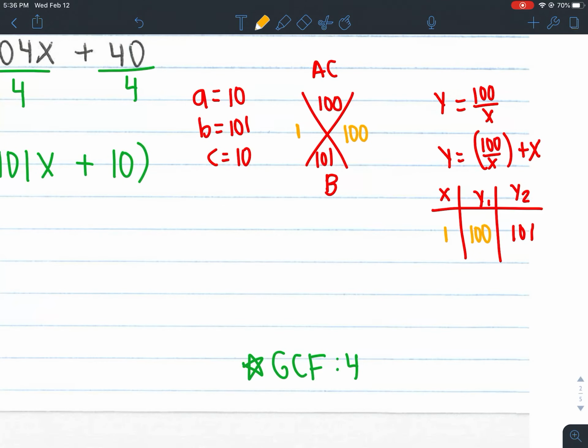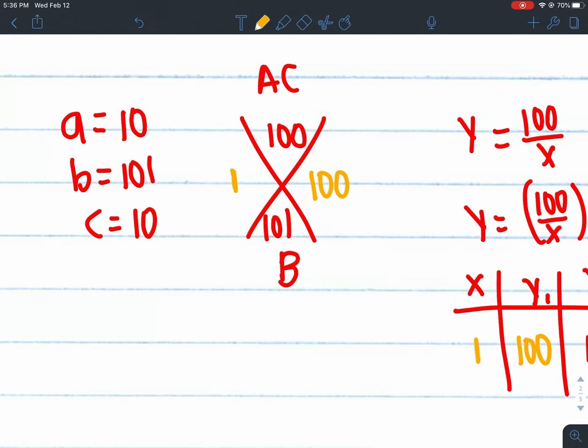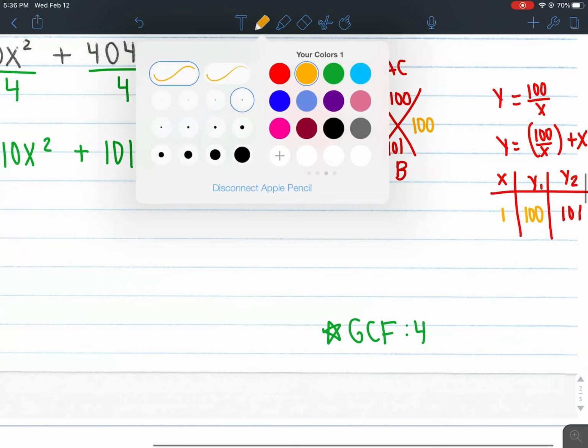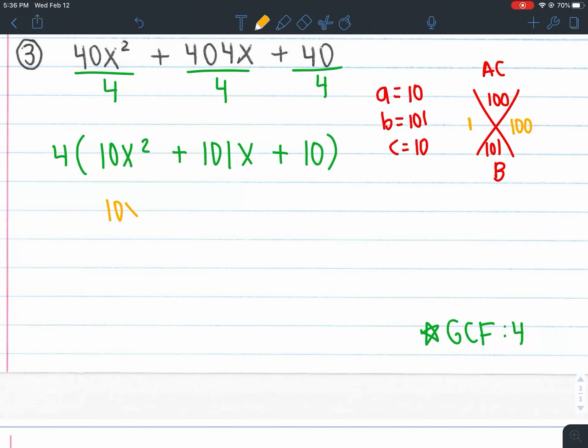So 1 and 100 are my 2 magic numbers because 1 times 100 makes 100, and 1 plus 100 makes 101. So you want it to multiply to AC but add to B. So again, I'm going to forget about the GCF for now, so I'm going to pretend like it's not there. But I am going to split up my middle B term here.